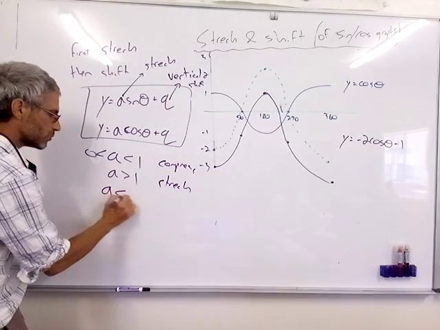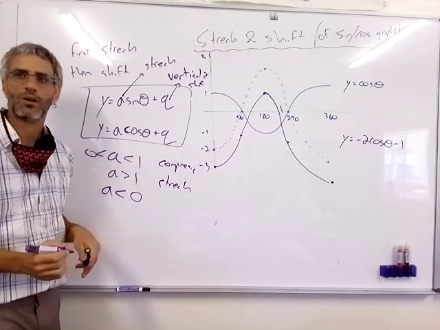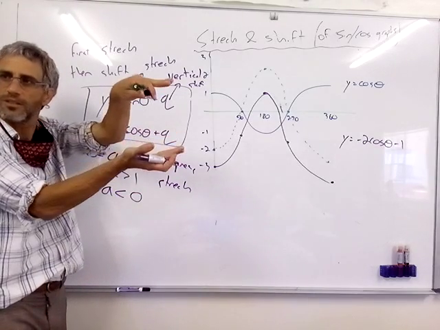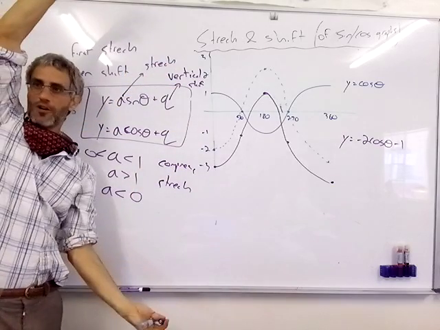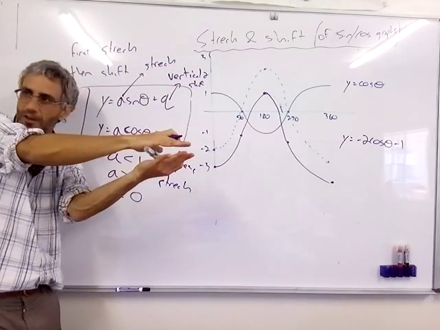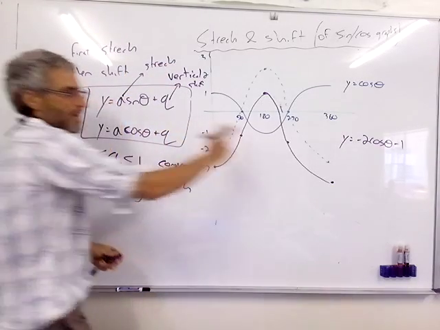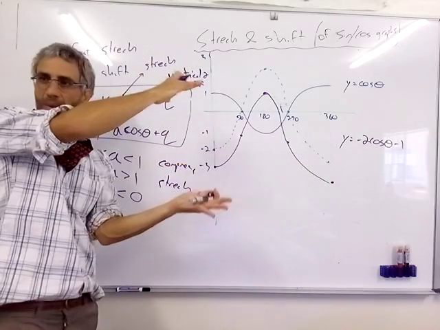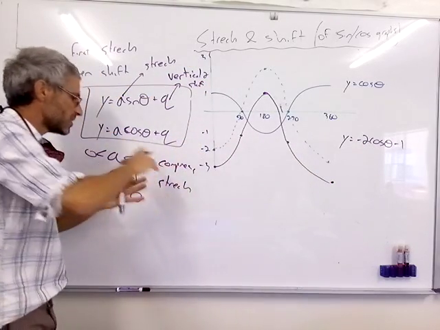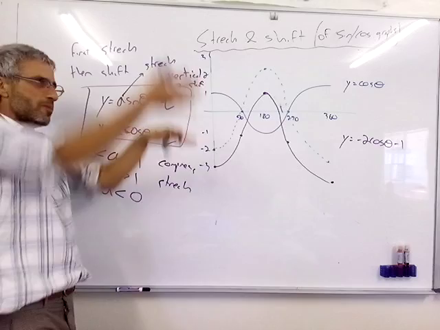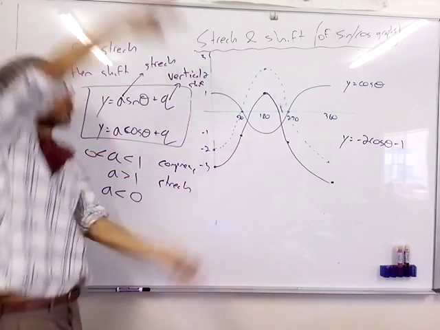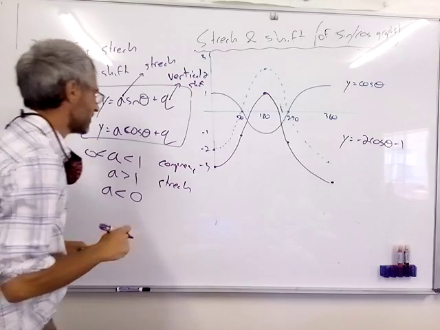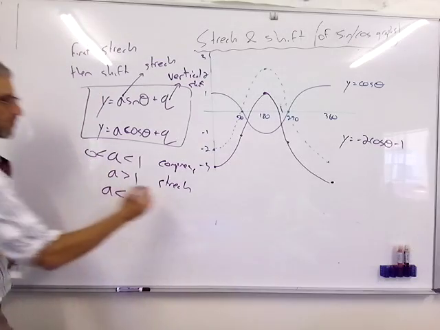If A is smaller than 0, what would we call it? It's a flip. It could be a stretch and a flip, or a compress and a flip. Between 0 and minus 1 is going to be a flip and a compression. But smaller than minus 1, it will be a stretch and a flip.